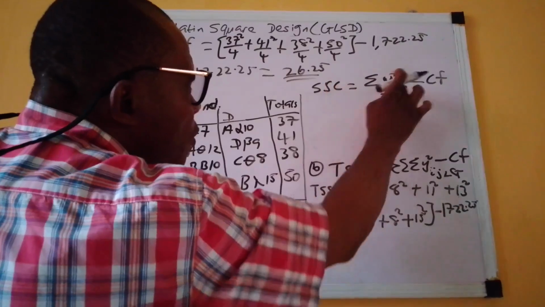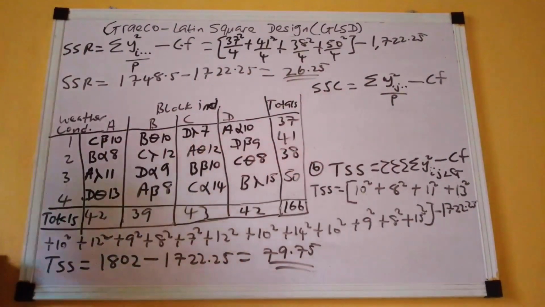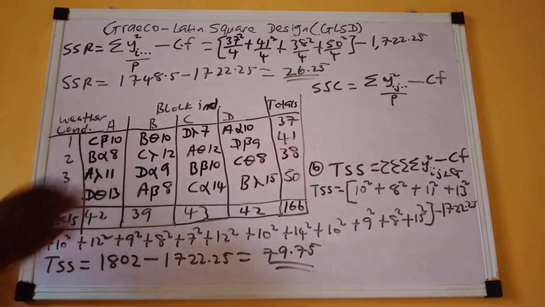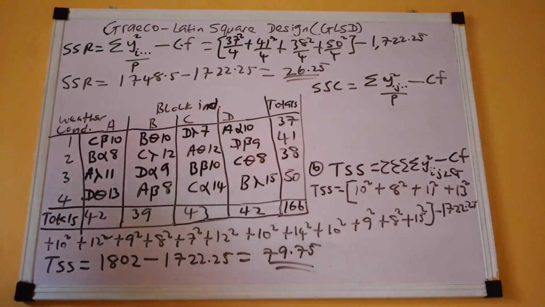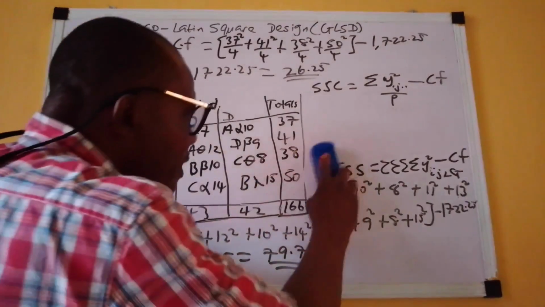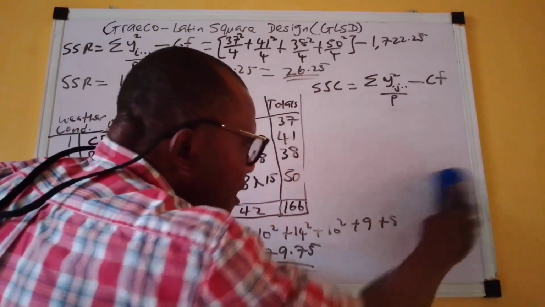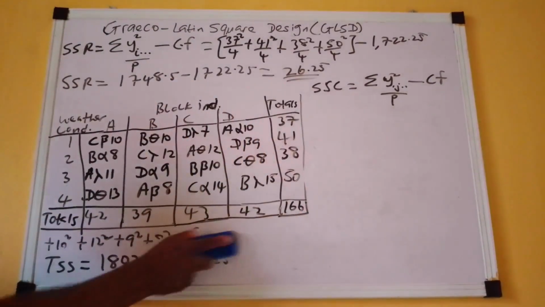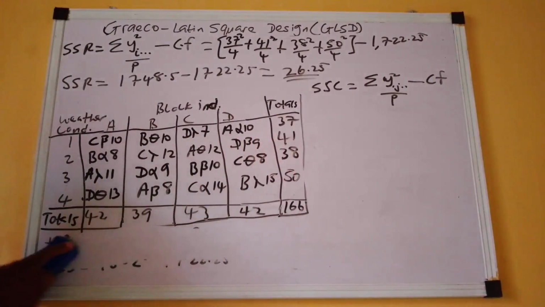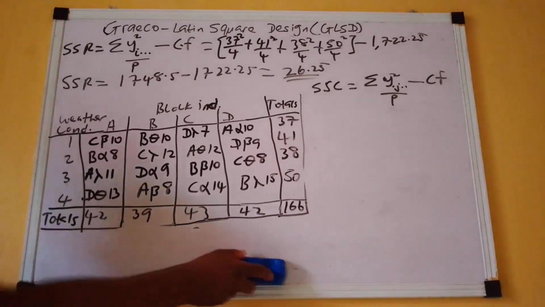If you are dealing with the column, it is J; if you are dealing with the row, it is I; if you are dealing with the Latin letters, it is L; if you are dealing with the Greek letters, it is G. So permit me to also clean this part so that we can have enough space to write what we are writing.